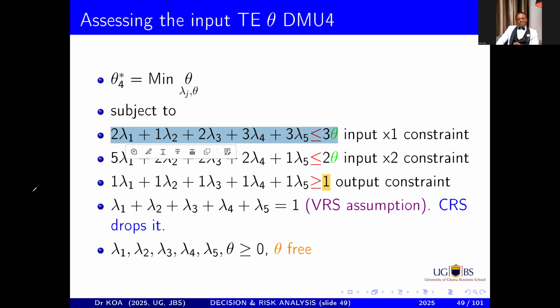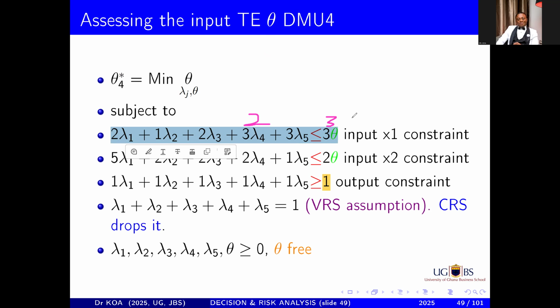Because the input slacks are going to be there when you have some input you are supposed to use. For example, let's say that you are using an input here, which is 3, and you are way above what the frontier is saying. The frontier says it's 2, but you are using 3. It means that you are inefficient on that particular input.